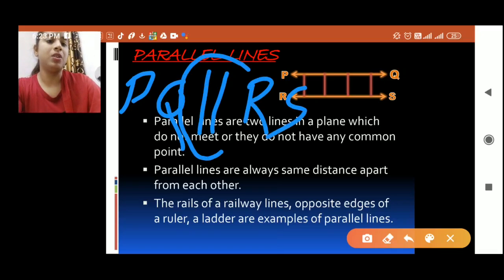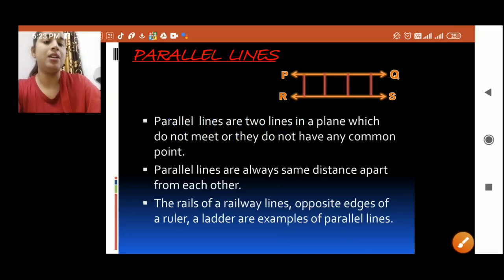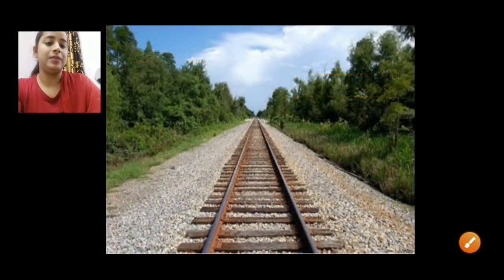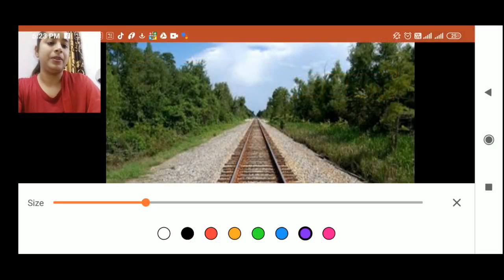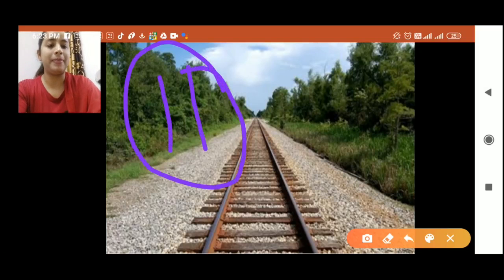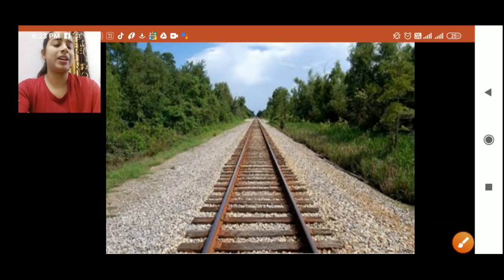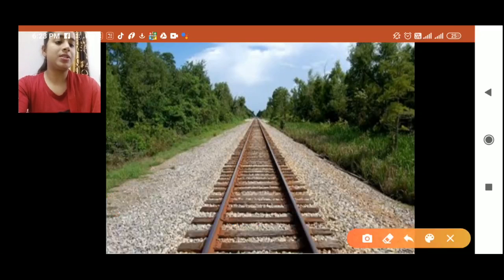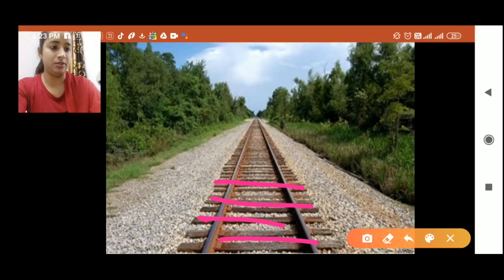This is the symbol which is used for parallel lines. Here you can see the example of the rails of a railway line, which are all equidistant from each other with no common points, and they do not even meet each other.